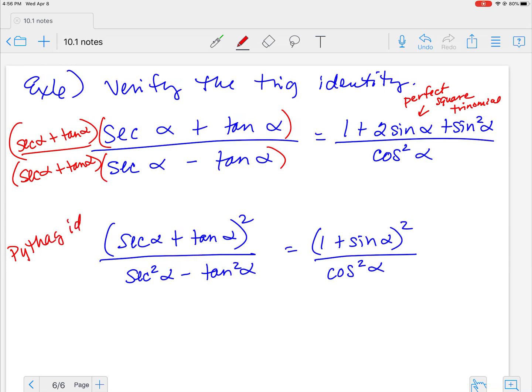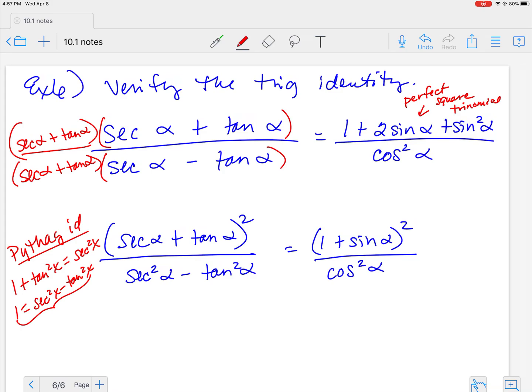That's looking like it's, so this is where I say look 2 steps ahead. What are some characteristics? Oh, this looks pretty good. Secant and tangent, when I have some squares, get to your toolbox and start thinking. Pythagorean identity. 1 plus tangent squared x equals secant squared x.